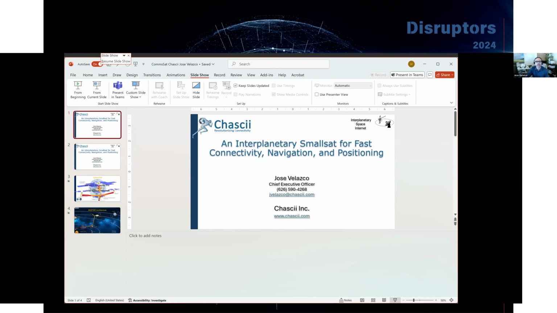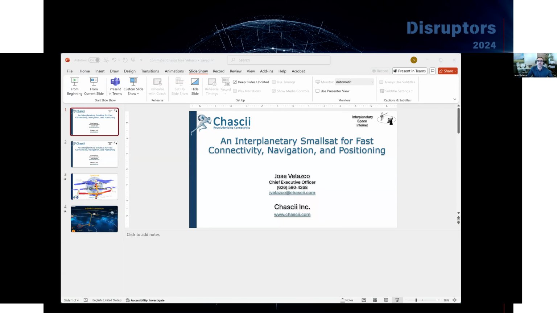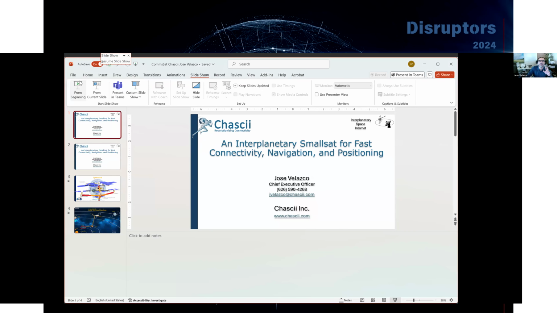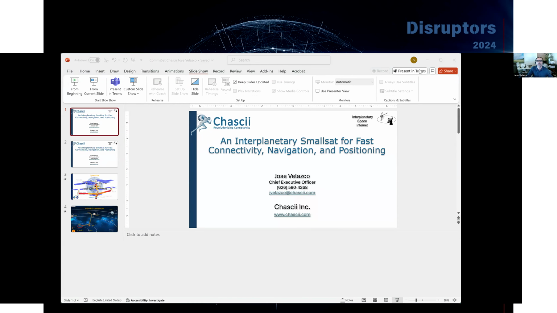The problem is I have to click from the beginning. From the beginning in the far left top corner. I do have two monitors, so somehow it switches. If you start the presentation and then do the share, it should be a little bit easier.